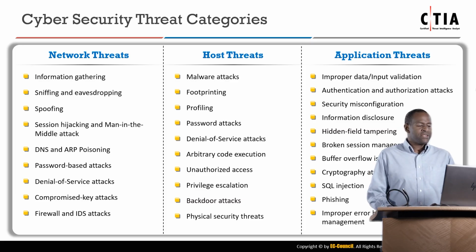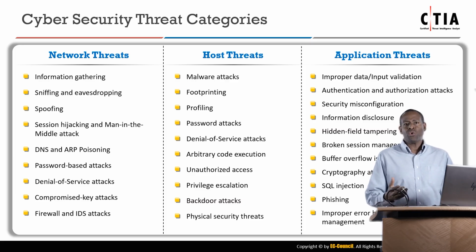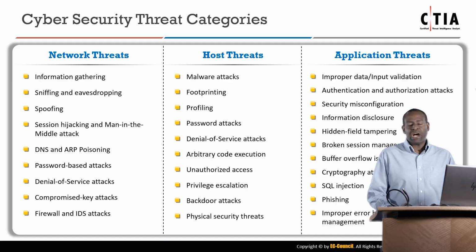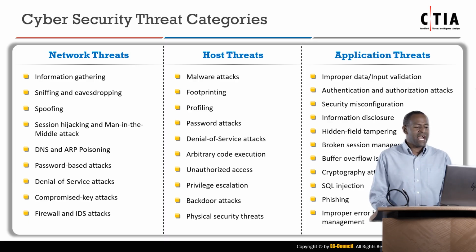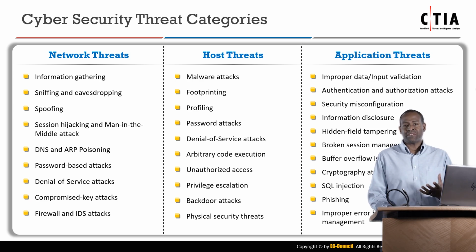Information gathering, sniffing, eavesdropping, using tools like Wireshark, Nmap, and other tools to go grab information about the network. Spoofing users at the high level, at the low level, spoofing MAC addresses and IP addresses. Session hijacking and man-in-the-middle attacks, taking over that session and using that session information to gain access to a resource, a host, a server. We have ARP and DNS poisoning.